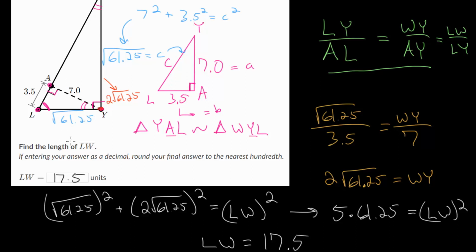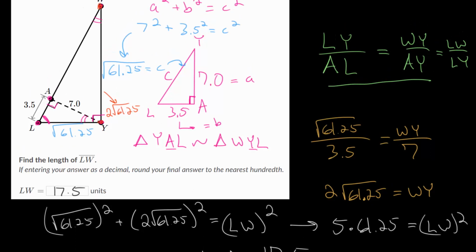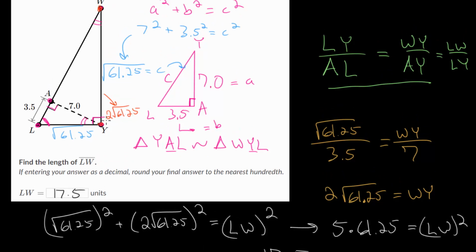Now, an alternate approach is that we can even look at this triangle WAY, and notice that we have the hypotenuse and this leg right here. So we can find this missing leg AW and then just add 3.5 to that.